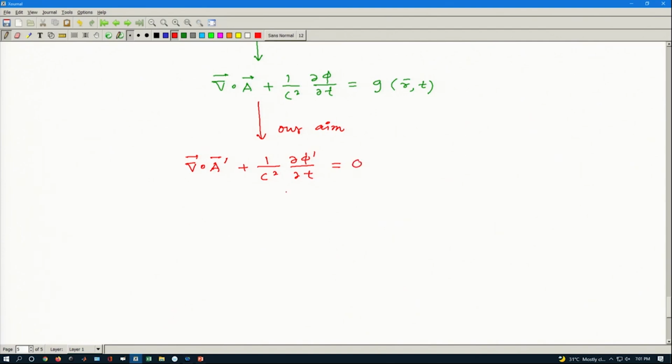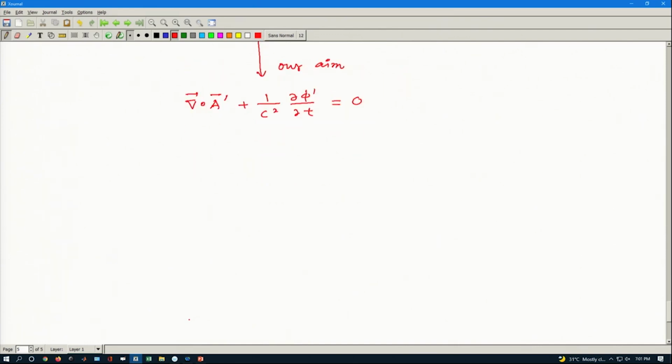So, this is nothing but the condition of the Lorentz gauge. Our aim is to find a set of A prime and phi prime such that this condition is satisfied. So, how to do that? Let us check. That is our aim.